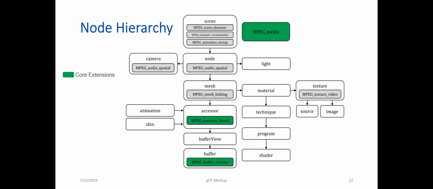For instance, the count might change from frame to frame. For a video texture, maybe that's not the case, but if you think about a dynamic mesh, the number of vertices and the number of faces might even change from frame to frame. So you need a way to describe this dynamic metadata as part of the scene description document.